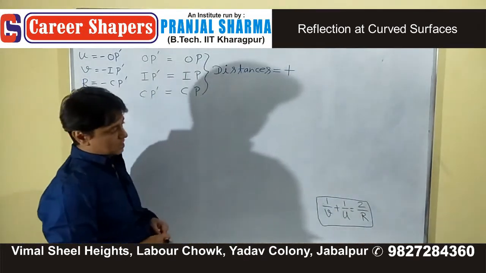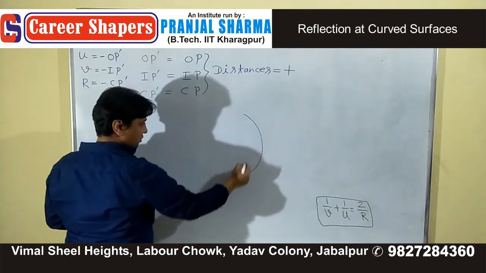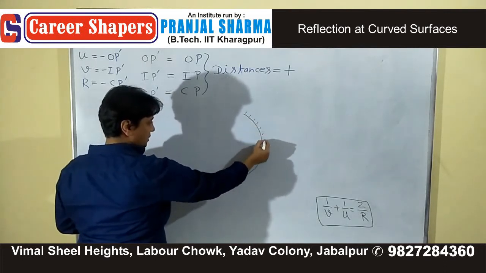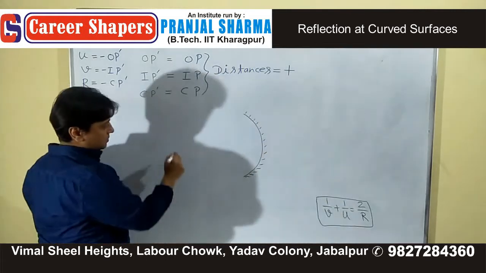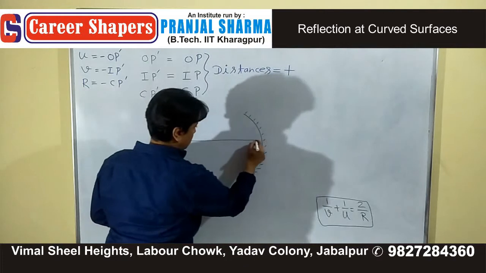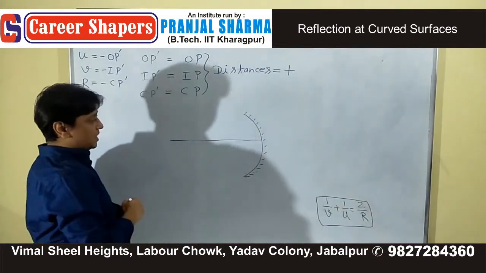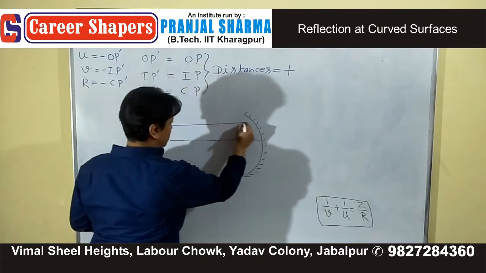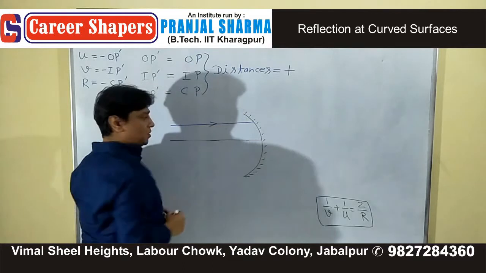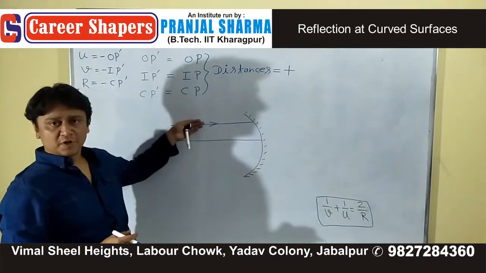Now, if we have a concave surface, concave spherical mirror, and rays are coming from infinity, then rays coming from infinity, they are basically what?